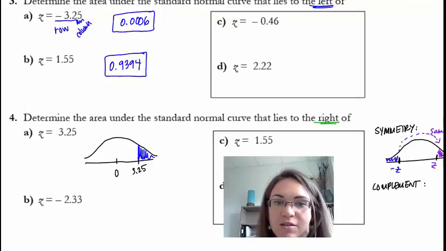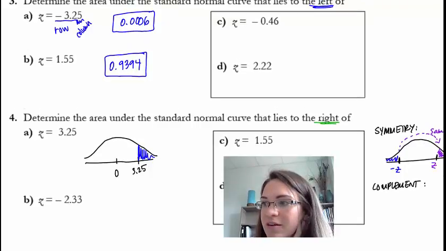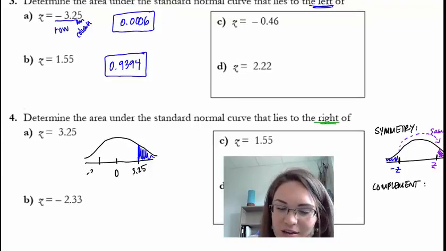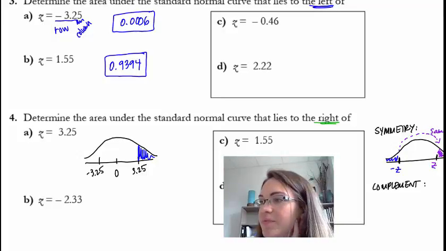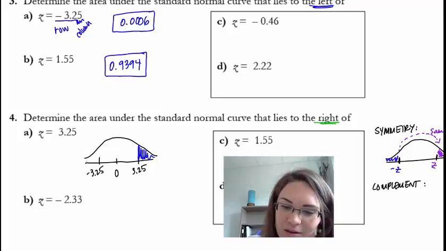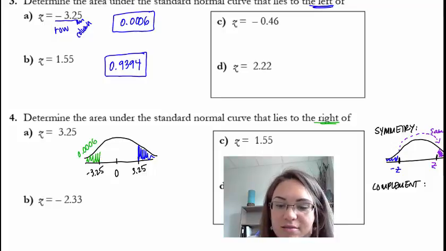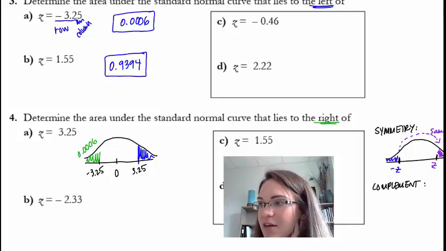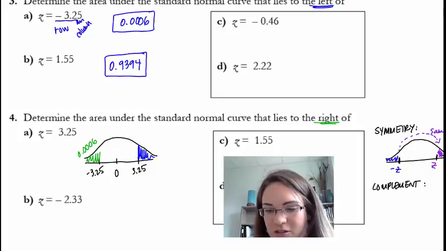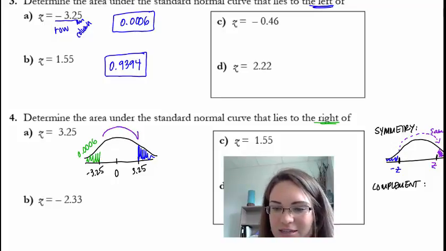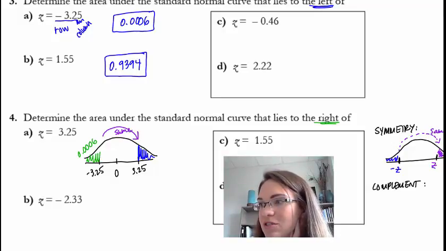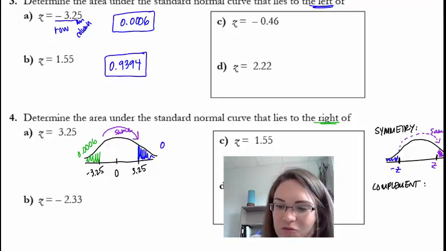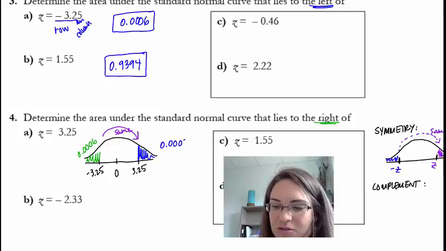Now earlier in part A, we found the area to the left of negative 3.25 to be 0.0006. So left of negative, because if I just folded this curve across the same 0, I'd get exactly the same area to the right of the positive version. So the right of 3.25 is 0.0006.